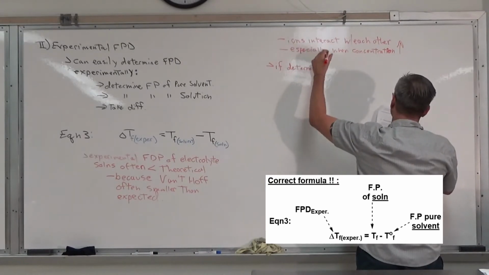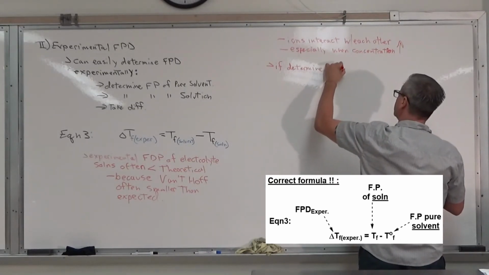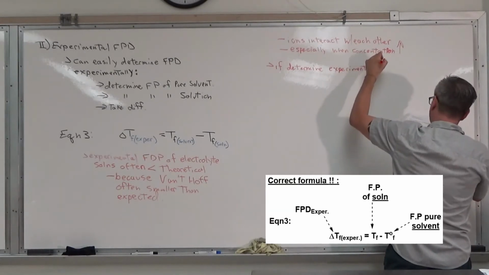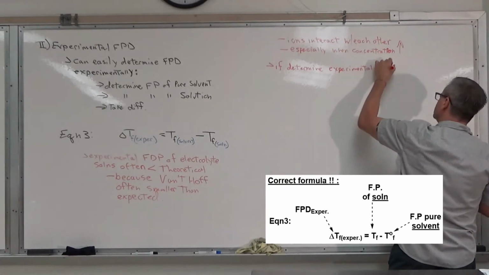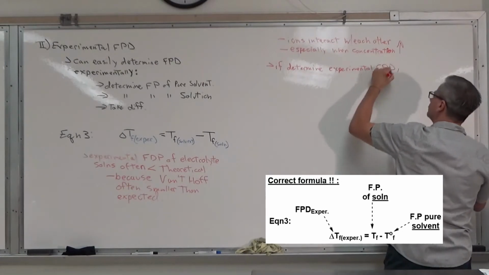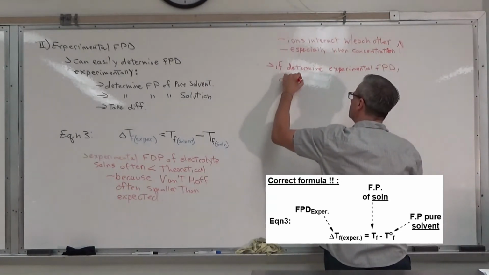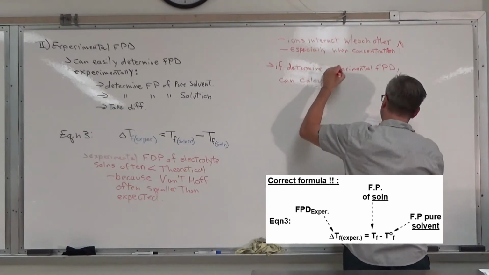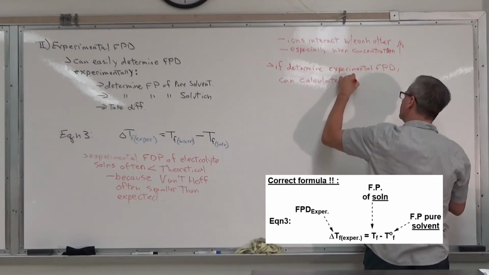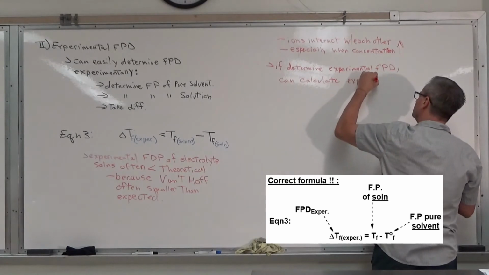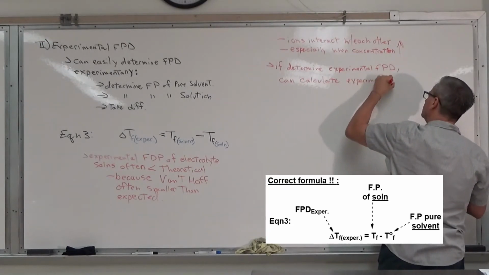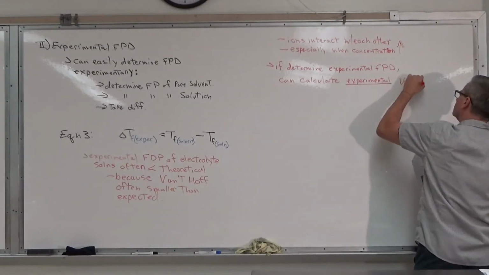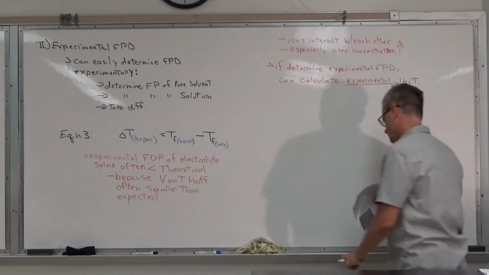If we determine the experimental freezing point depression, you can calculate the experimental Van't Hoff factor.